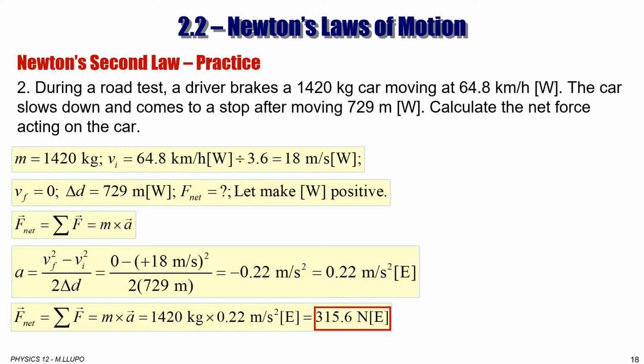That's why the force of friction is always against the motion, and now it is 315.6 Newtons against the motion, opposite of west, which is east. So that makes sense.